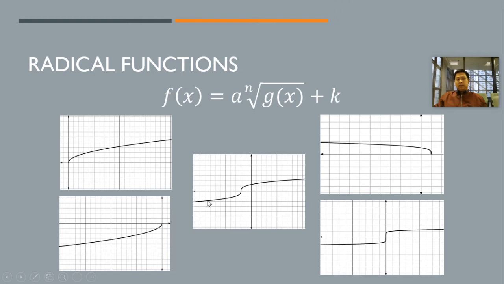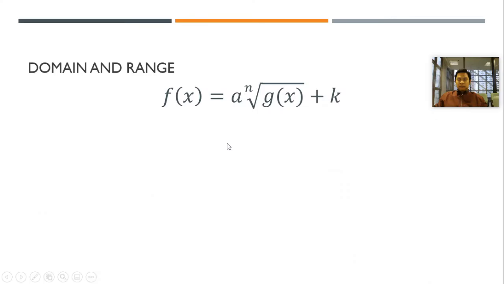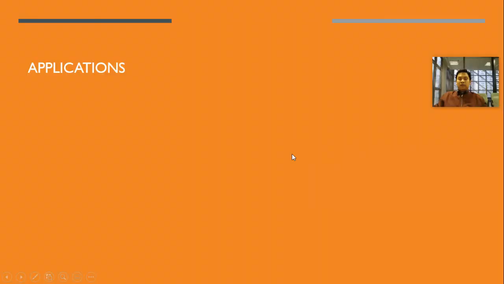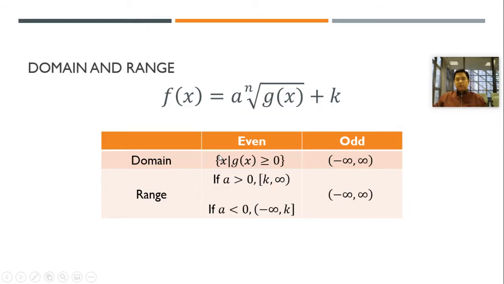We have quadratics, we have cubics, quintics, quartics, and so on. So this is the summary, again based on the conditions. Radical function would look like this.